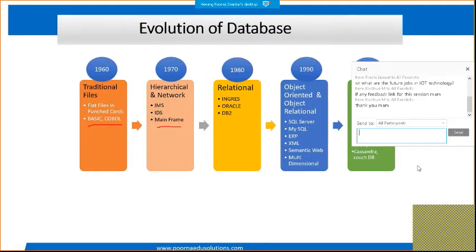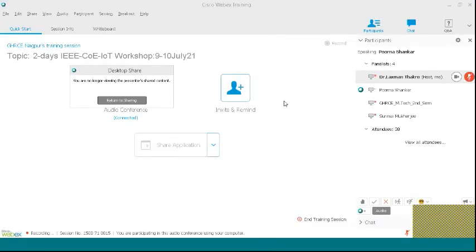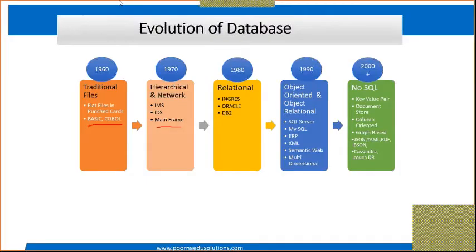Then in the 1990s SQL Server, MySQL and ERP became so popular, then XML, semantic web and multidimensional data. From 2000, these are the other databases which became so popular. They are called NoSQL databases. NoSQL means we are not saying no to SQL, but not only SQL. SQL means structured query language.